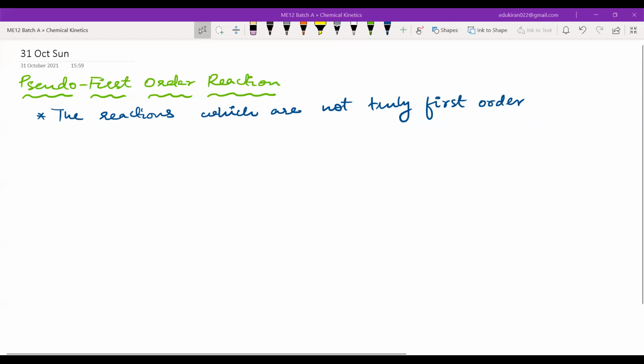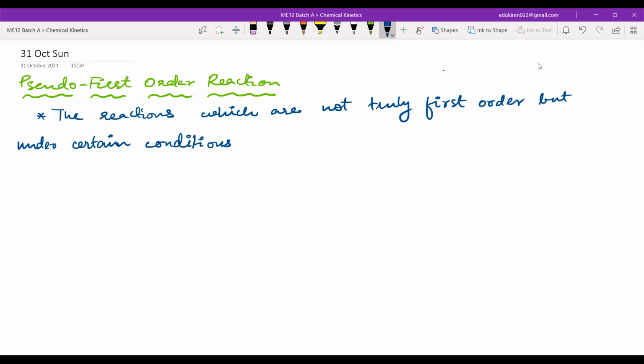Okay. The reactions which are not truly first order, but under certain conditions they behave as first order reactions.